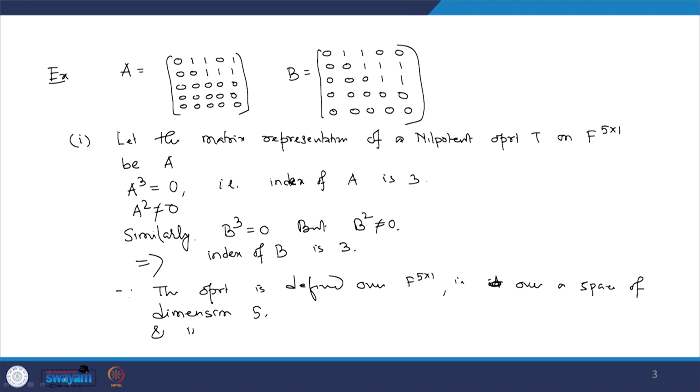Since the index of A is 3, at least one Jordan nilpotent block of order 3 will be there.